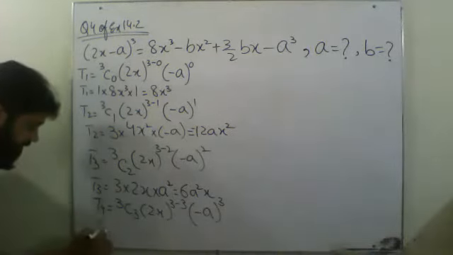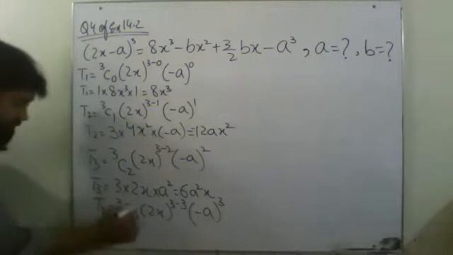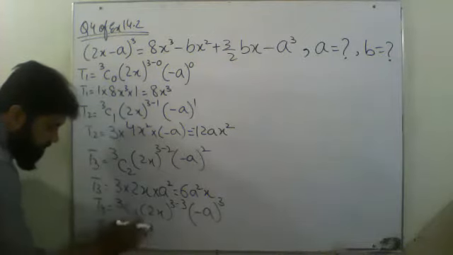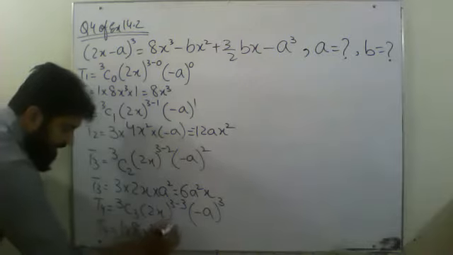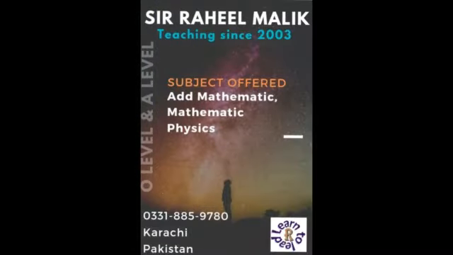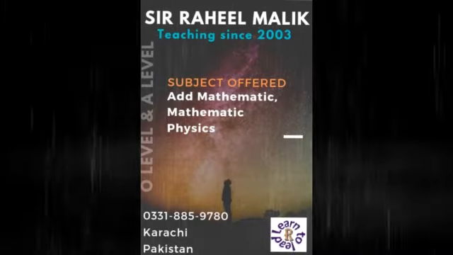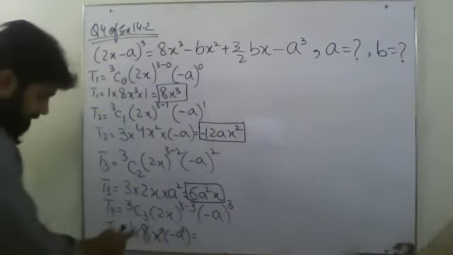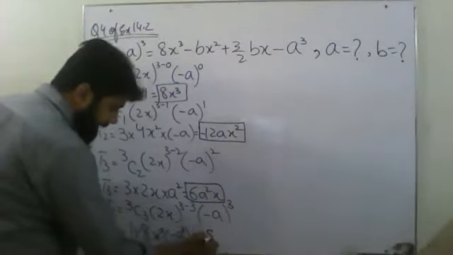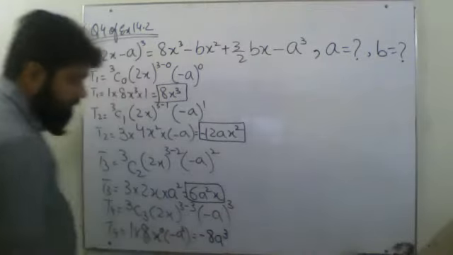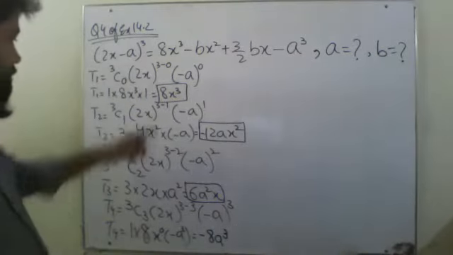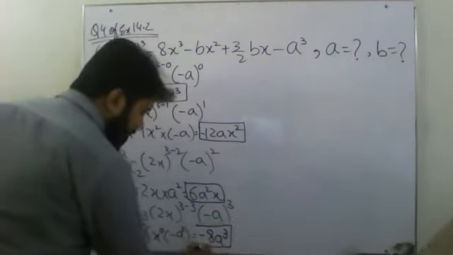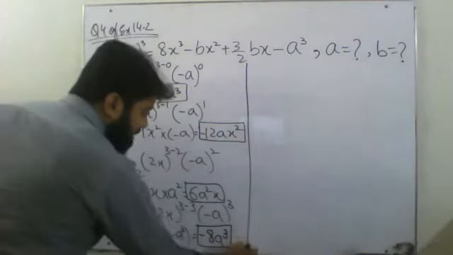Simplifying it, T4 equals 1 times 2 cube, which is 8, times x to the power 0, and minus a cube, which becomes minus 8a cube. So this is my first, second, third and fourth term, which I have got after expansion.